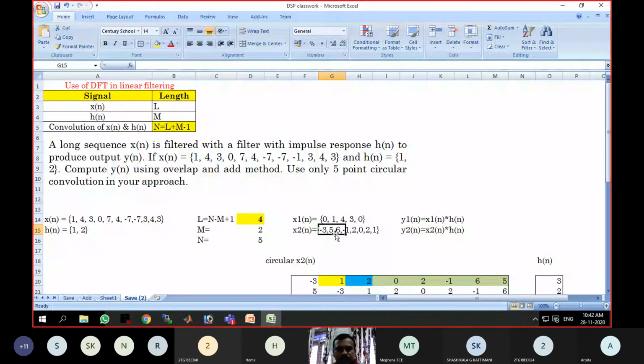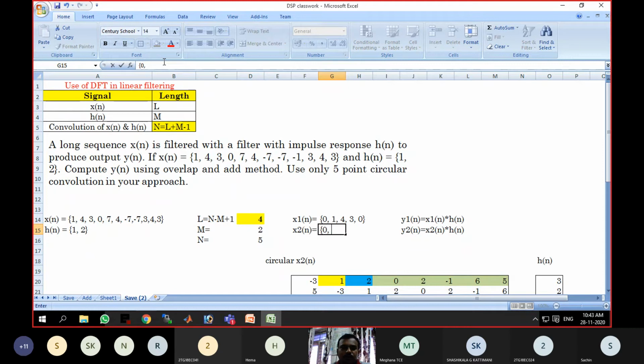Similarly, we need to create x2 of n. How will it be done? x2 of n is created with the help of the m minus 1 previous last bits. What is the previous last bit of x1 of n? That is m minus 1 bits, only 1, that is 0.